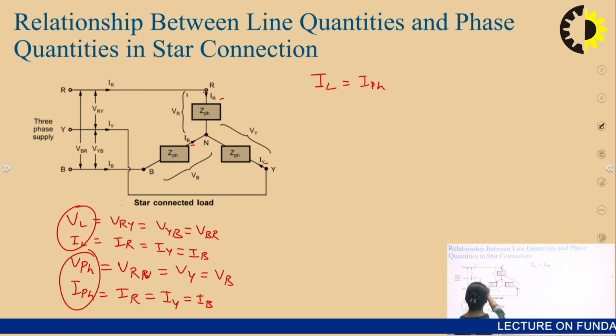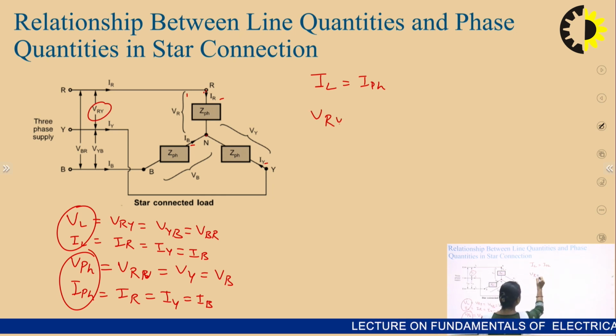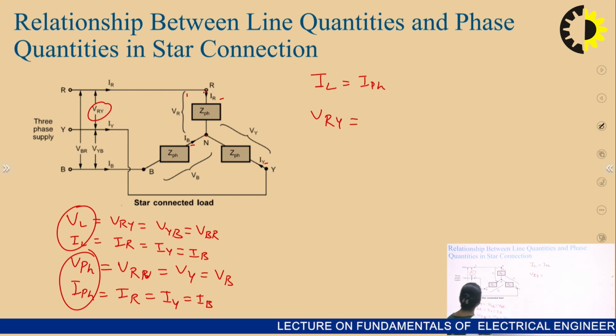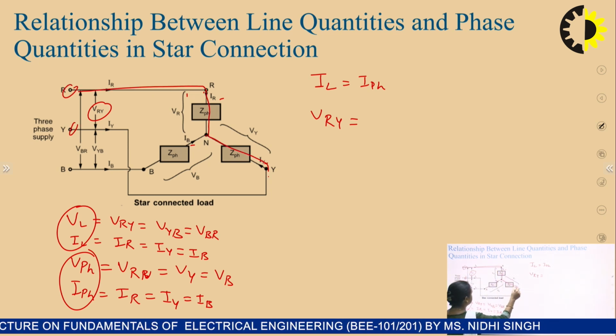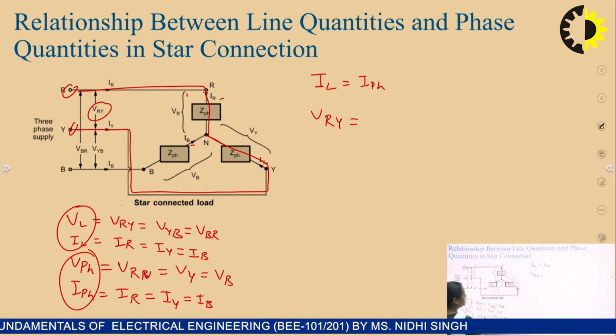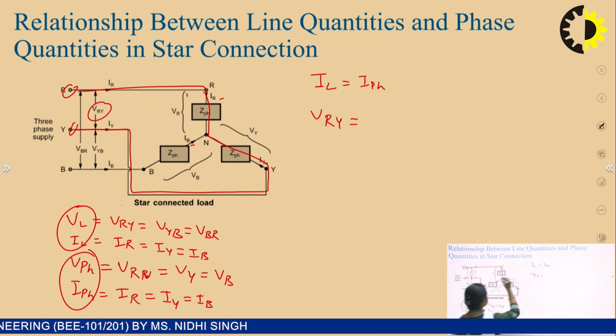Now what is the relation between the line voltage and the phase voltage? So here we can see that VRY is our line voltage. What can we write for this VRY? Between these two lines, this R and Y, what is connected here? This path, right? I hope you can figure it out. So you can write this VRY is equal to the voltage from here to here.